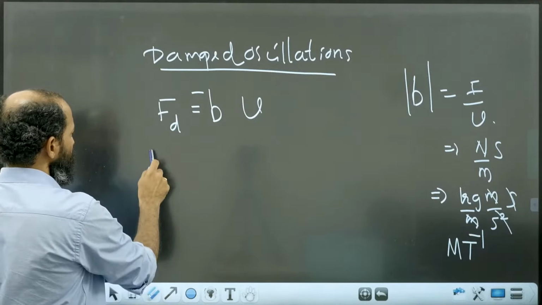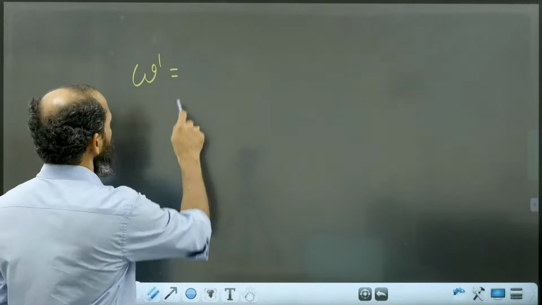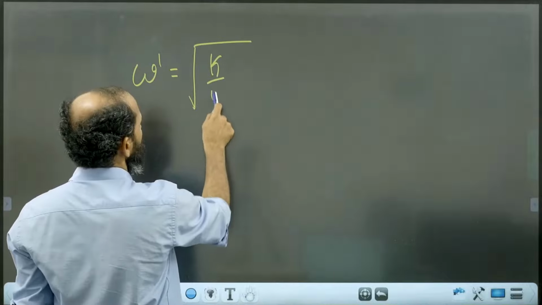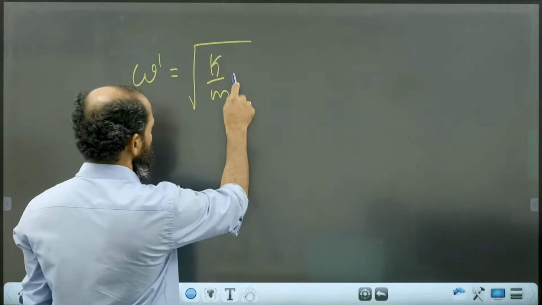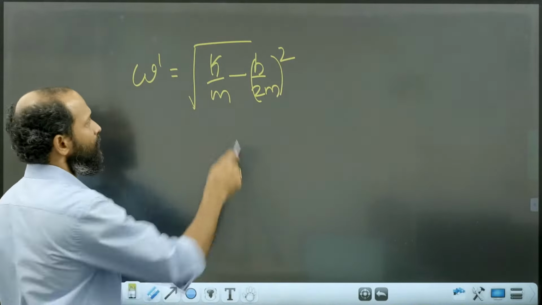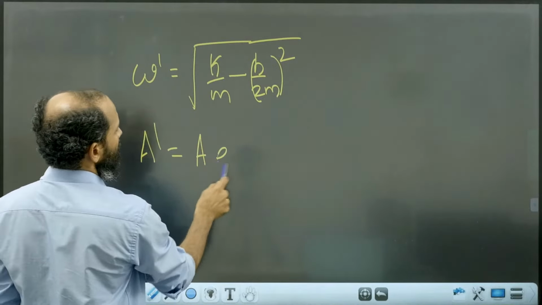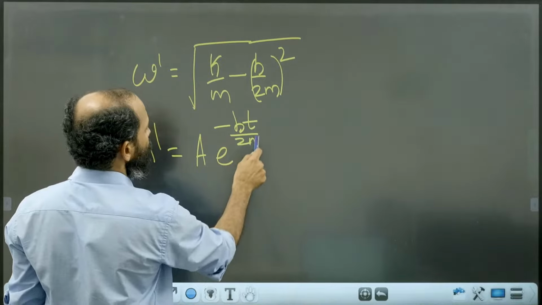When you solve it, you may get a solution like this: A dash cos omega dash t plus or minus phi. Here, what is omega dash? Omega dash is the constant angular frequency of the damped SHM. Omega dash is equal to root of k by m only for undamped oscillations, but here it is root of k by m minus b by 2m whole square, where b is the coefficient of damping, m is the mass of the oscillating body. A dash is equal to a e raised to minus bt by 2m.